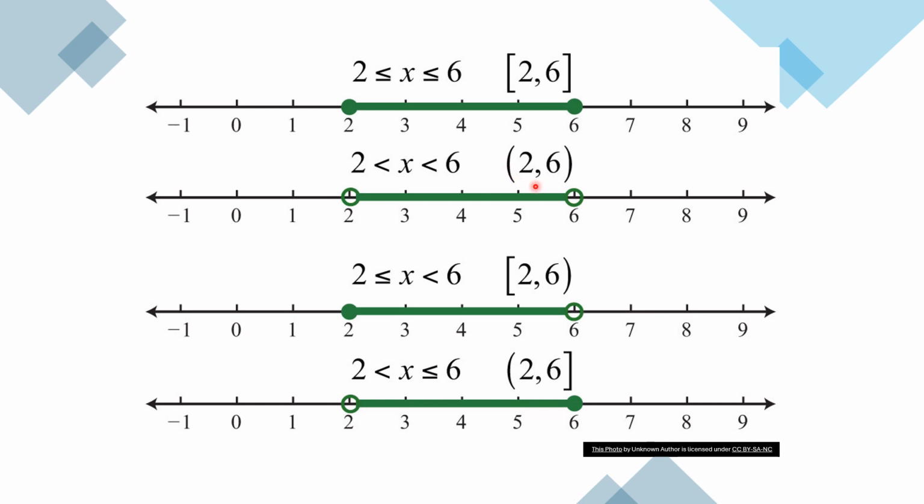In the open interval (2, 6), 2 and 6 are excluded, and all real numbers between belong to this set. In the half open interval [2, 6), 2 is included, 6 is not included, but from 2 to 6 all real numbers belong to this set. In the half open interval (2, 6], 6 is included, and from 2 to 6 all real numbers also belong to this set.